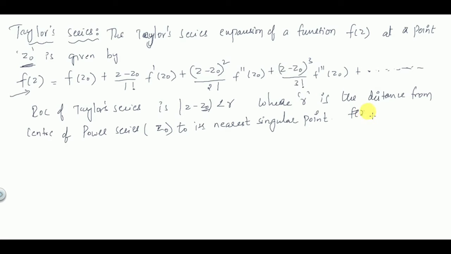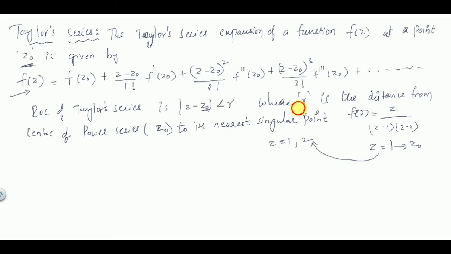Suppose you have f of z is equal to z by (z minus 1) into (z minus 2). So singular points here are z is equal to 1 and 2. And if you are expanding in Taylor series about z is equal to 1, so this will be z0, and we need the distance between z0 and the singular points.